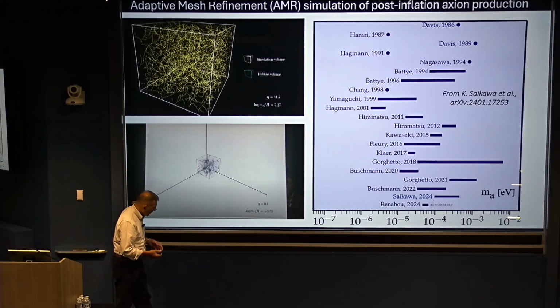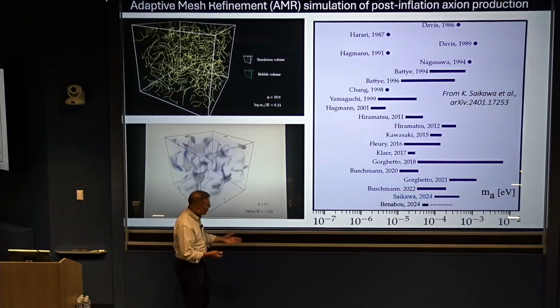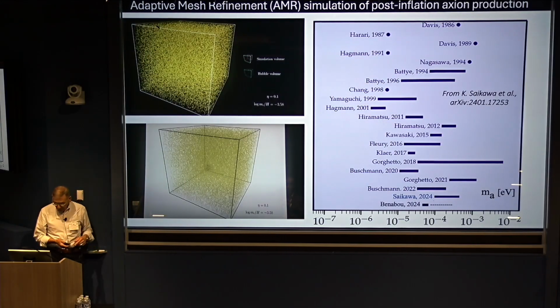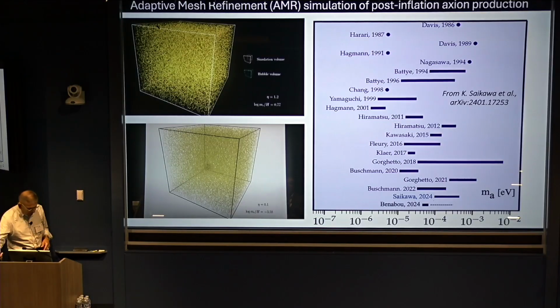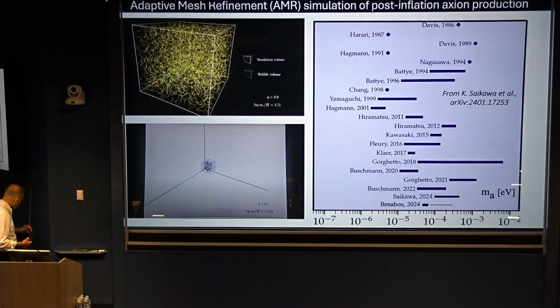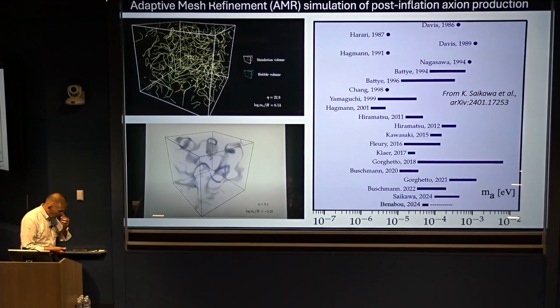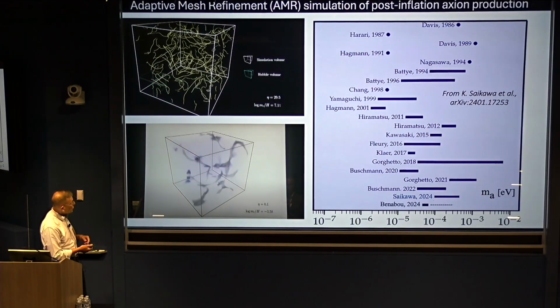introduction to the axion, its production mechanisms. I show here Ben Safdie's group's adaptive mesh refinement simulations on the axion production for the post-inflation axion.